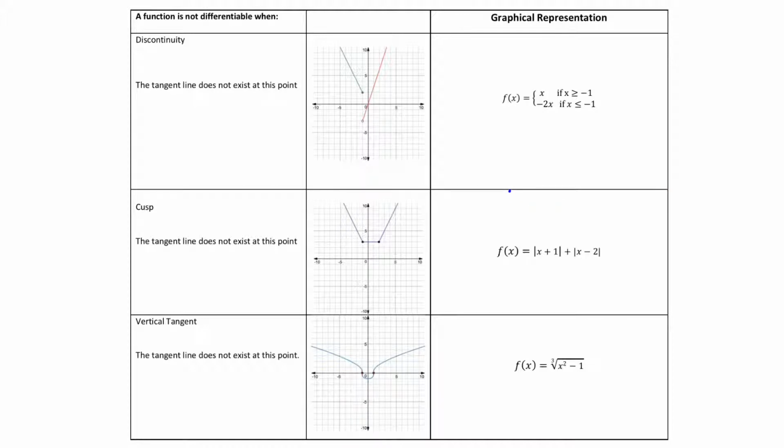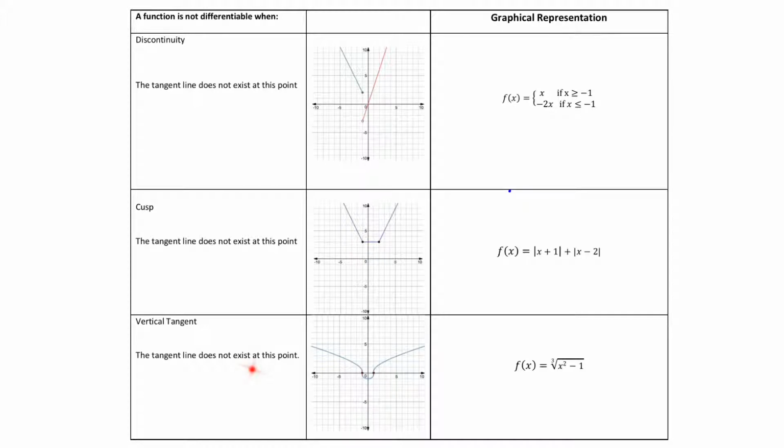Whenever you have a sharp turn, it's called a cusp. The slopes of the tangent line when x approaches the point, let's call it c, from the right side and the left side are not the same. We say the derivative does not exist at a cusp point.